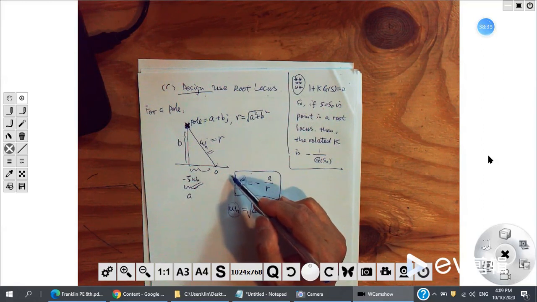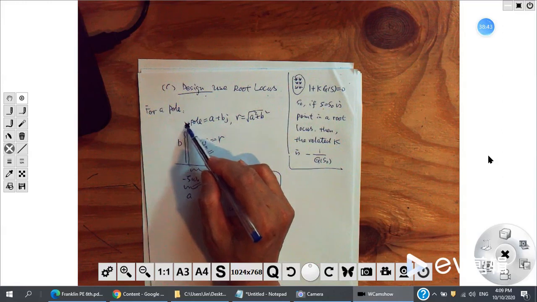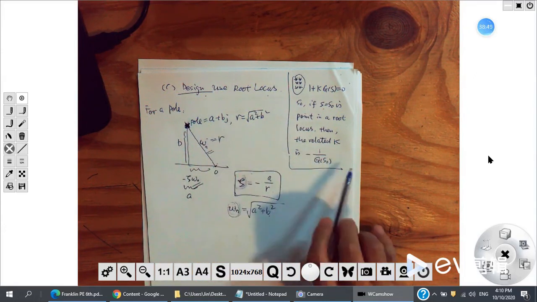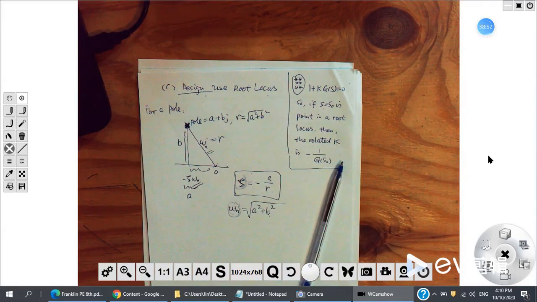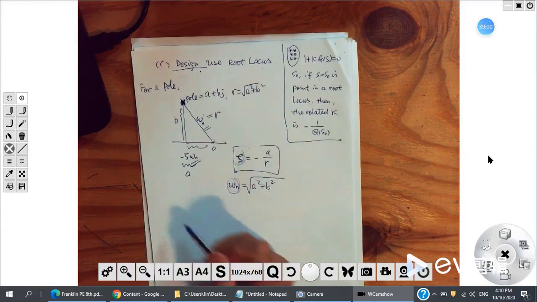This is one side. The other side is you have to pick the pole from the root locus, so you need to make some change on the locus to make sure you can find those poles.